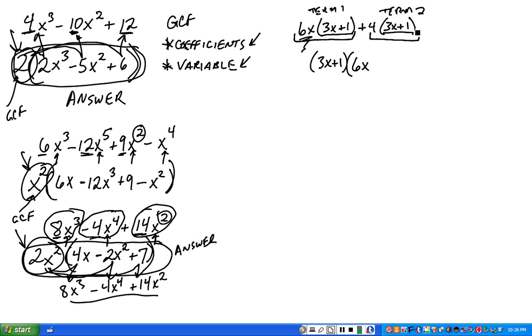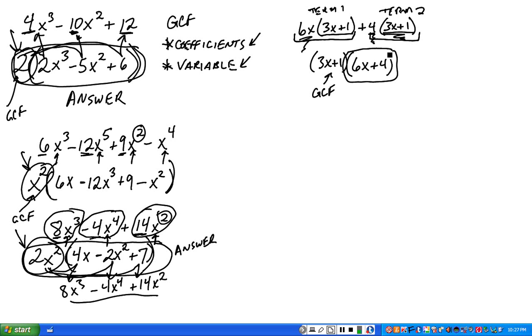So I write a 6x. When I pull out 3x plus 1 in the second term, what's left is the plus 4. So I write plus 4. So there you have it. The GCF in this case is the 3x plus 1, and what's left is the 6x plus 4.